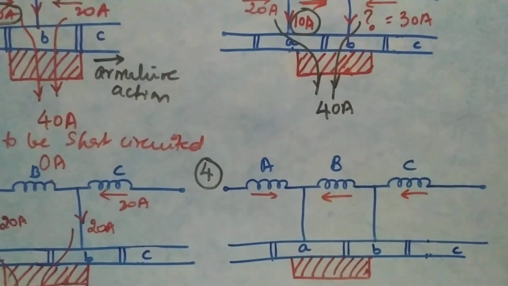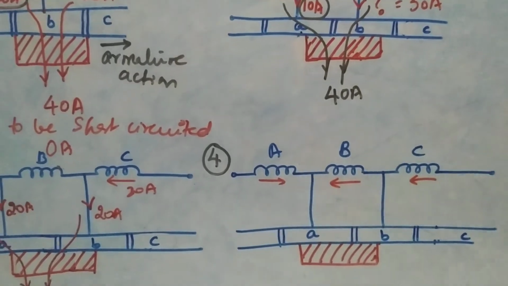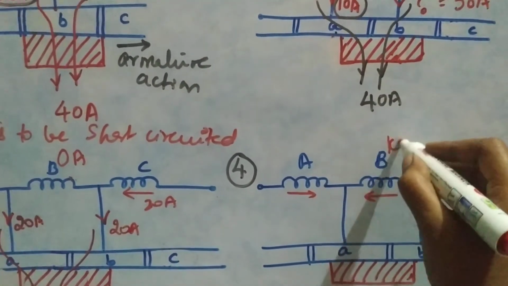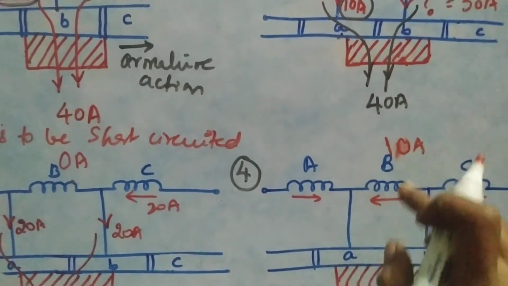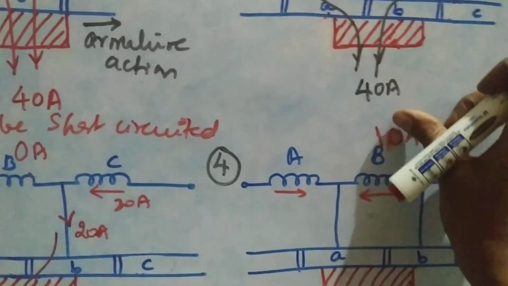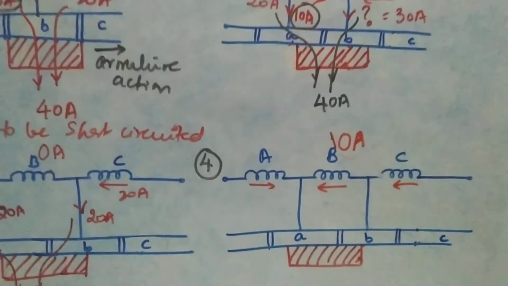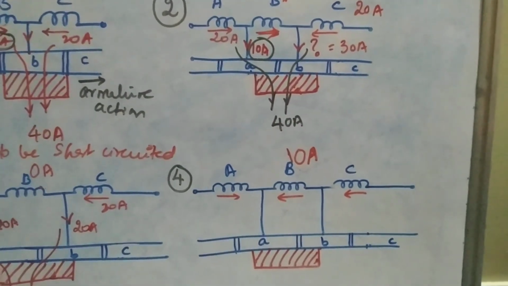So here the coil B is now carrying a current of 10 amperes in another direction. So the 10 amperes of current will flow in this direction, and 10 amperes of current will flow in the other direction.